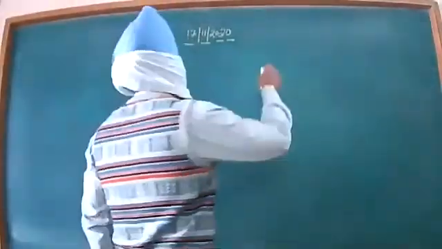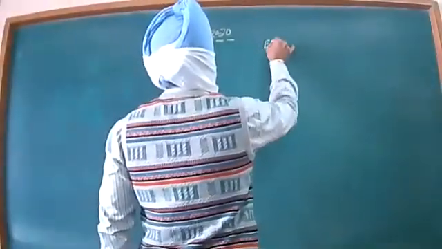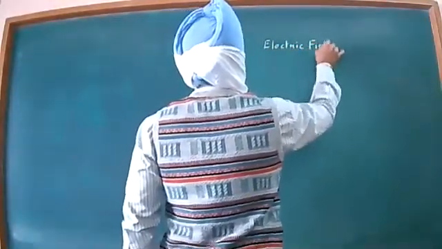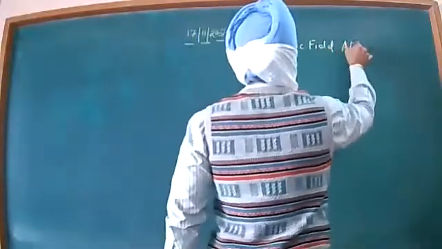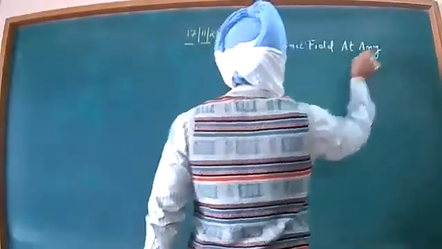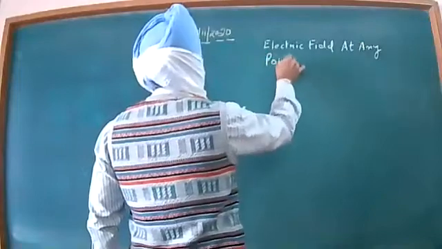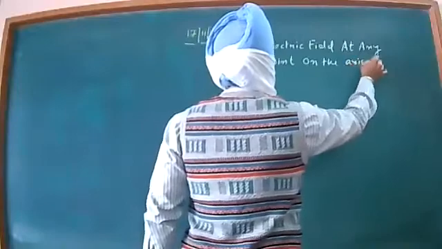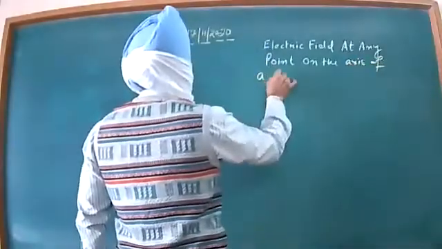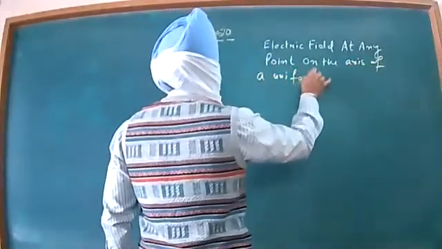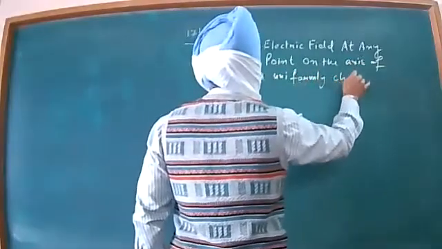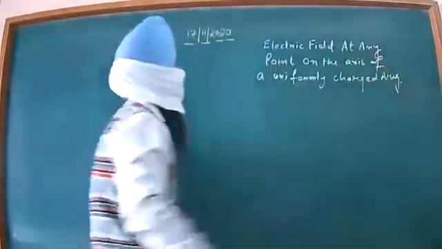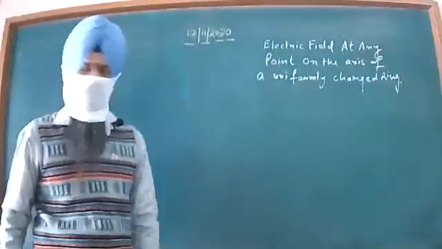Let us, beta, begin with electric field at any point on the axis of a uniformly charged ring. By chance we missed this last time, I think.